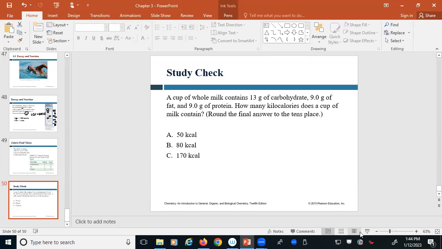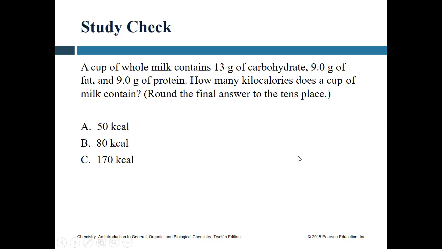All right, so the last thing is just the same kind of calculation that we were talking about.